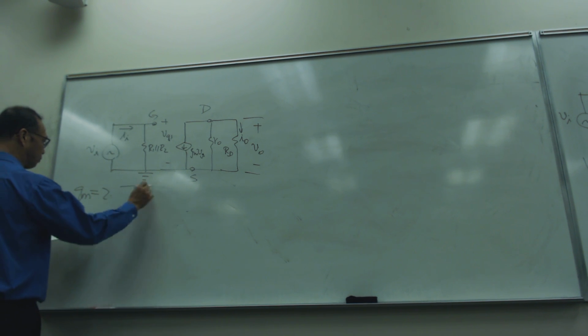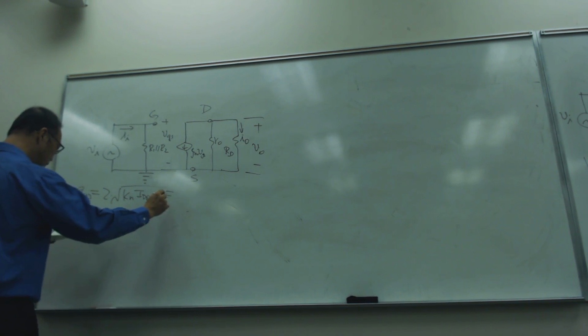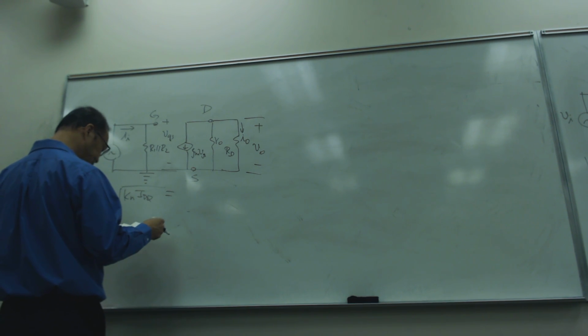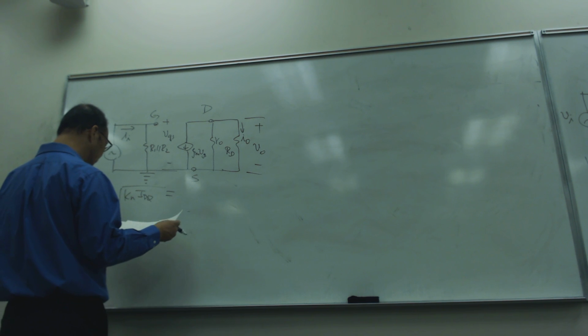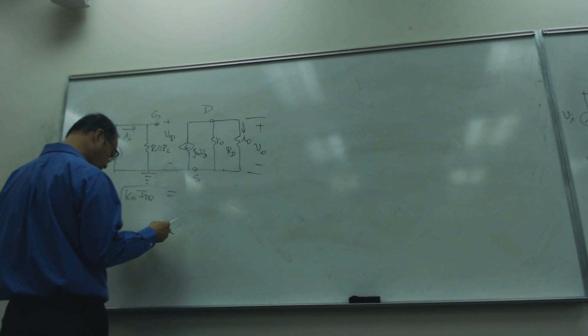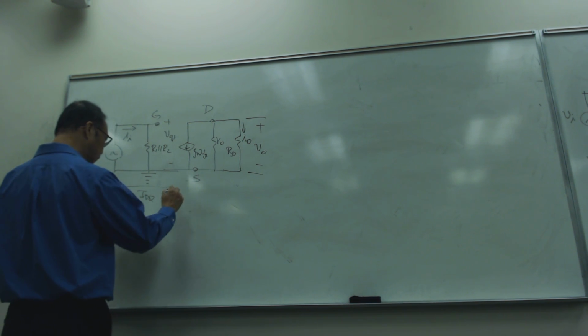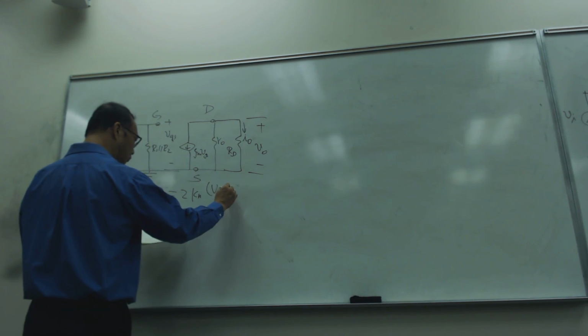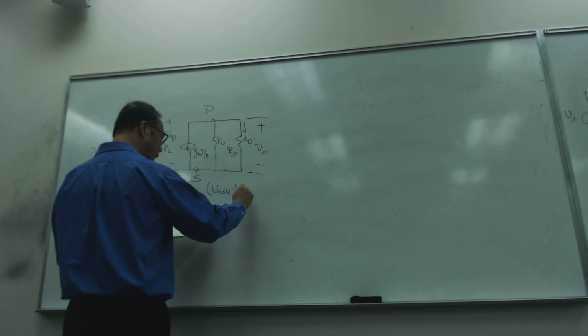It's 2 times square root of Kn IDQ, or you can use the equation 2 Kn times (VGSQ minus VTN).